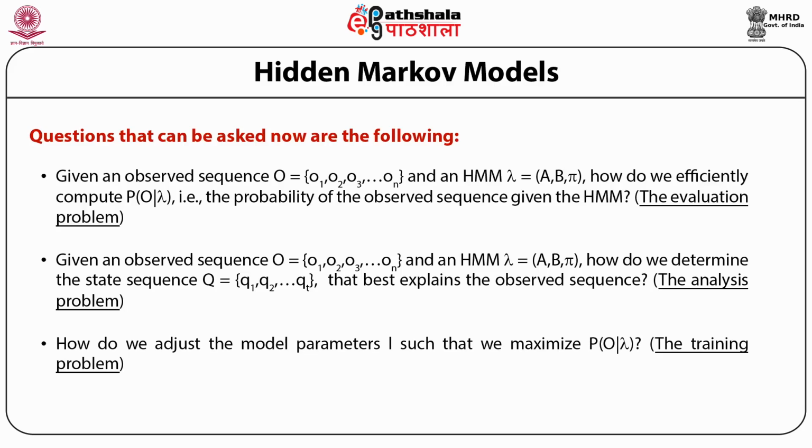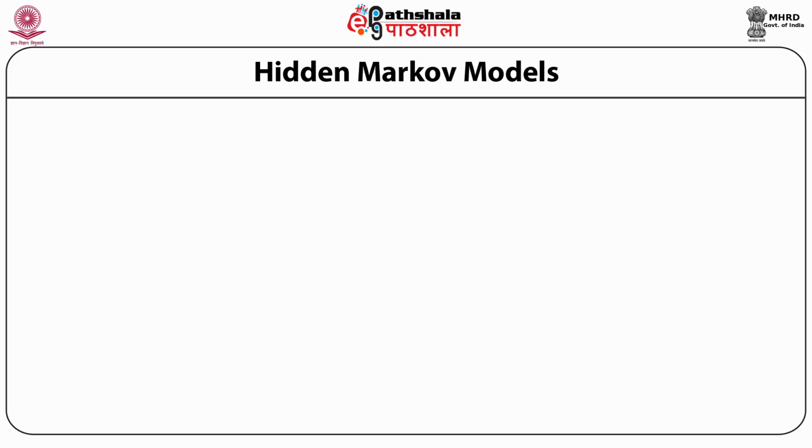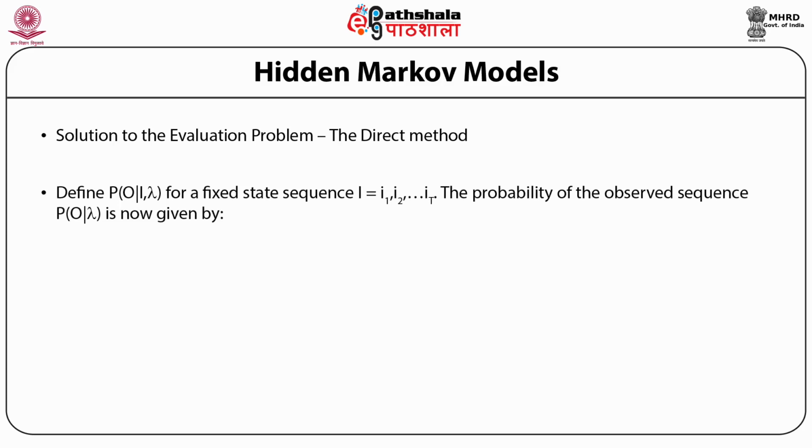So in the next few slides, I will try and tackle each of these questions in order. Let's try to solve the evaluation problem. Let me define the probability of having the observed sequence given by a hidden Markov model lambda, which has the following state sequence I, again comprising I1, I2, and IT.